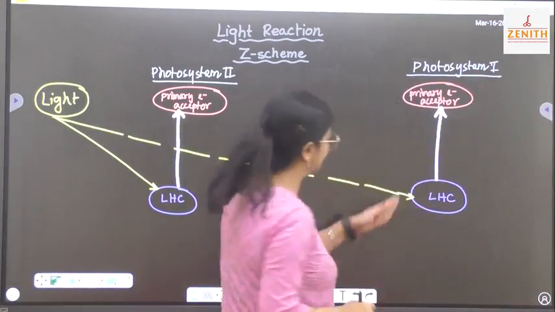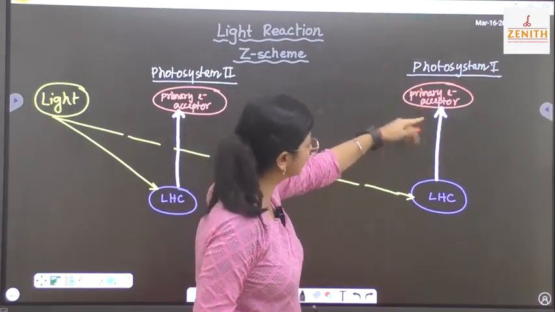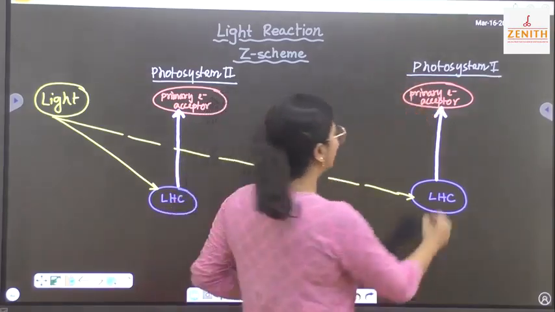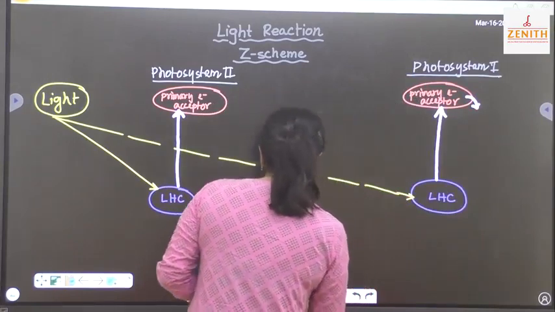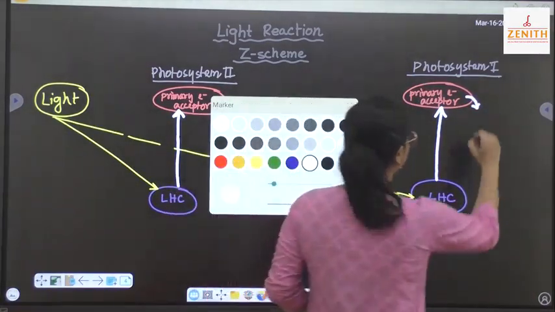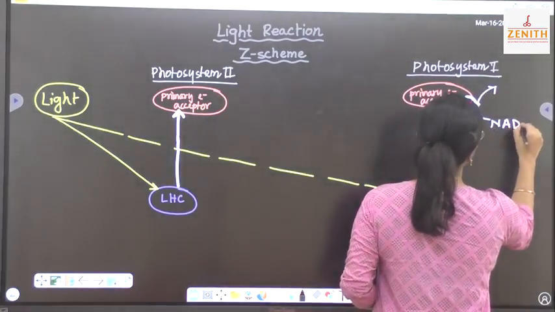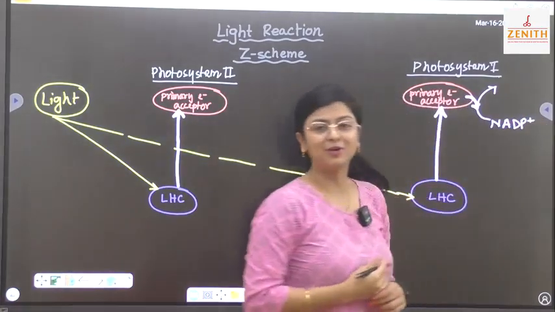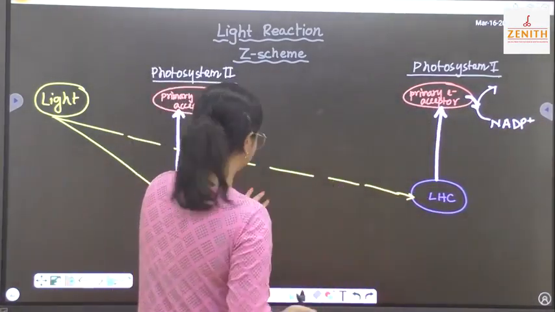Now what will happen? The electron which is present in the primary electron acceptor of photosystem 1 will move downhill, and it will do the conversion of NADP plus. We know what NADP is, nicotinamide adenine dinucleotide phosphate.